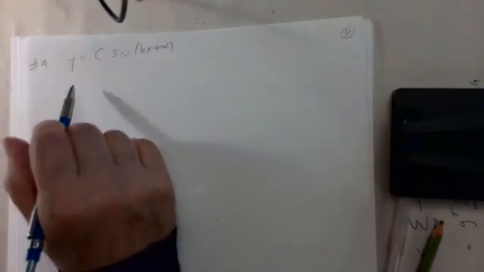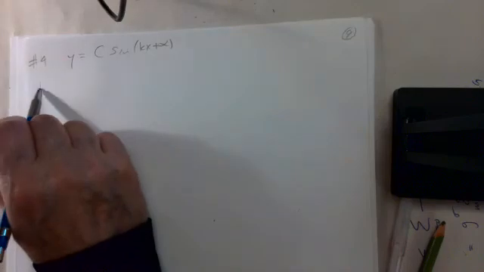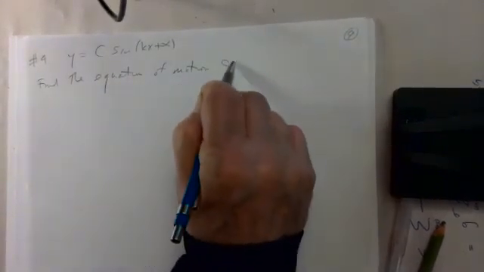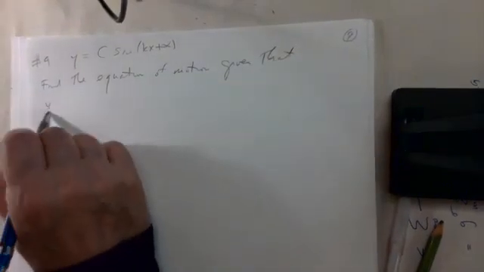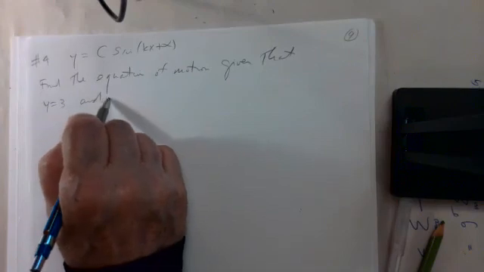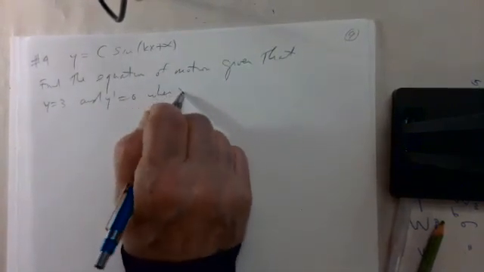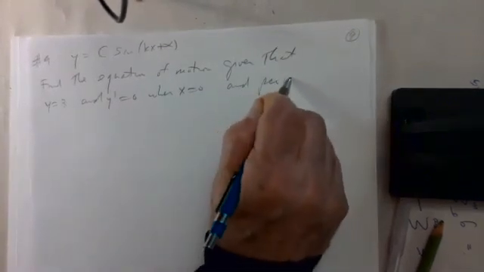So this is the equation of motion. Find the equation of motion given that y equals 3 and y prime equals 0 when x is 0, and the period is equal to a half.